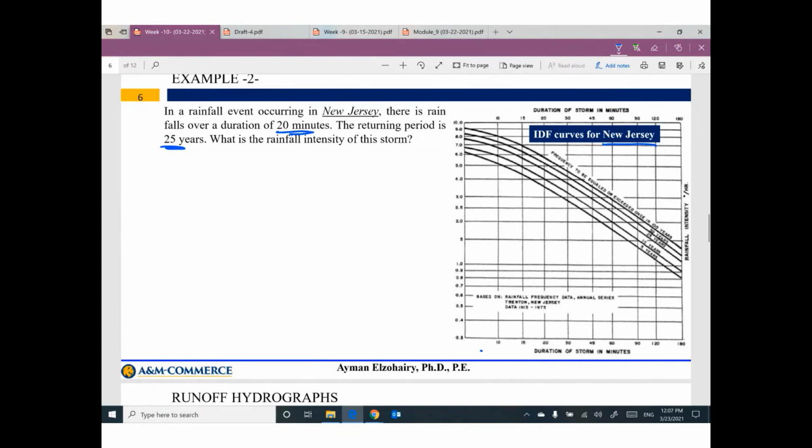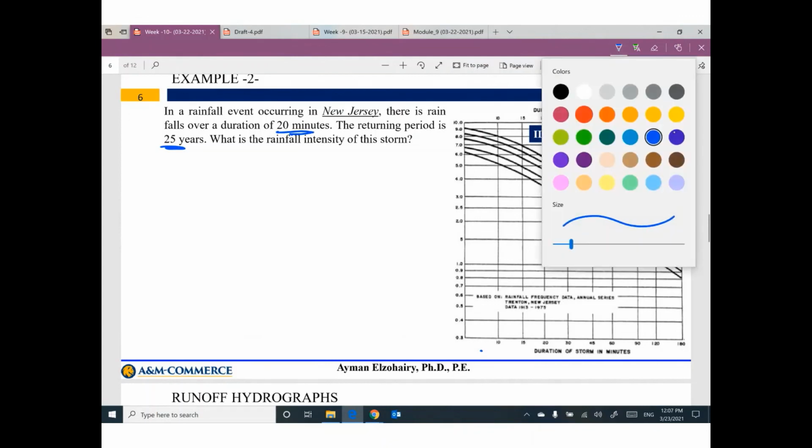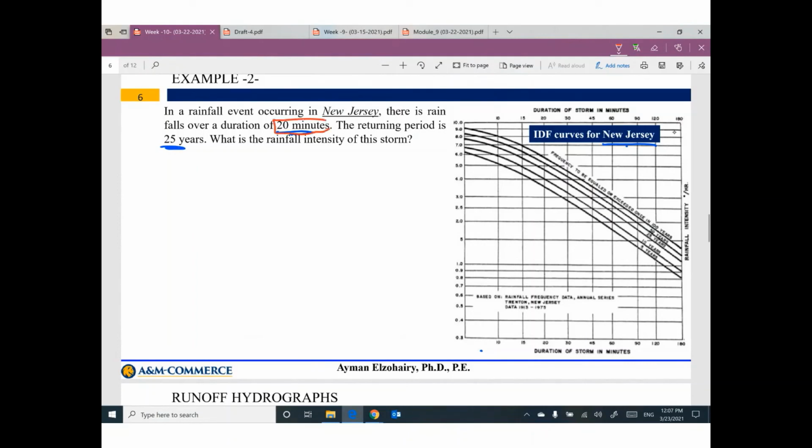Okay, I will open the charts for New Jersey based on the duration, which is 20 minutes, and the return period of 25 years, which is this curve. So I will go up from here until I hit the curve for 25 years.